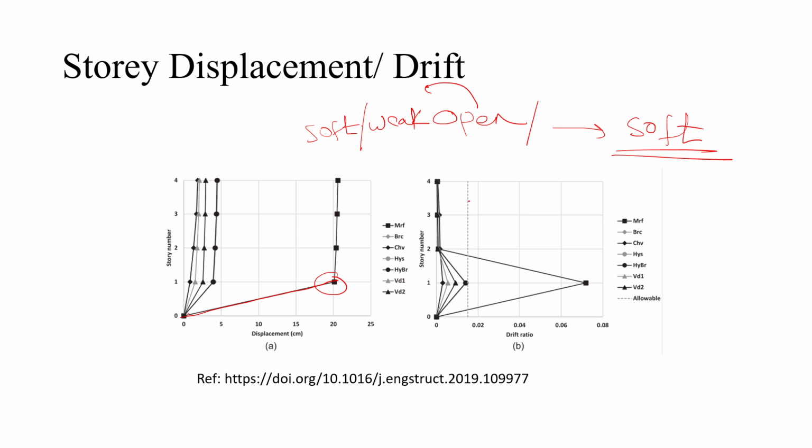This soft story can be anywhere in the structure, but in this video we are particularly talking about the open ground story, meaning we have left the walls out, we are not going to construct the wall because we are going to use this space for parking purposes.